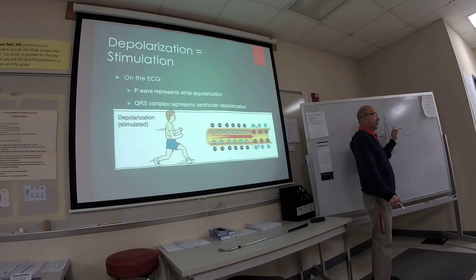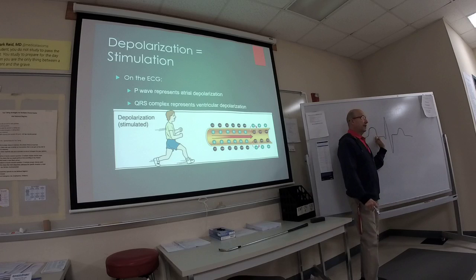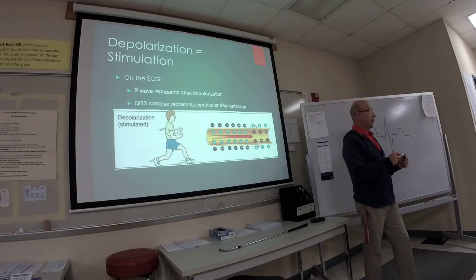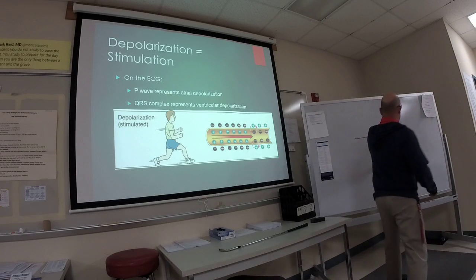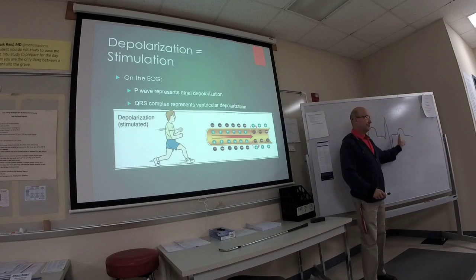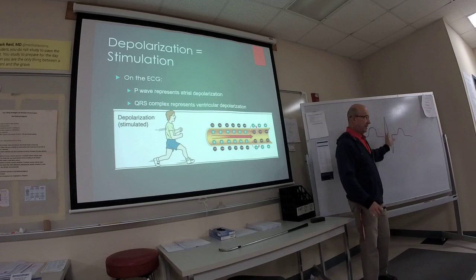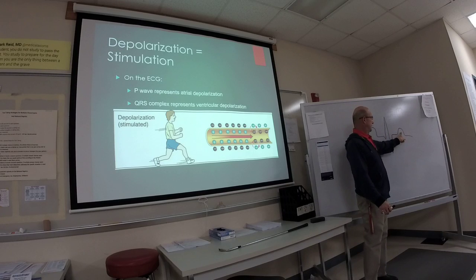We already know. So does anybody remember what the P wave signifies? Yeah, the SA node depolarization, right? So the SA node depolarizes. What about the QRS complex? Right, the ventricles depolarize. The T wave.